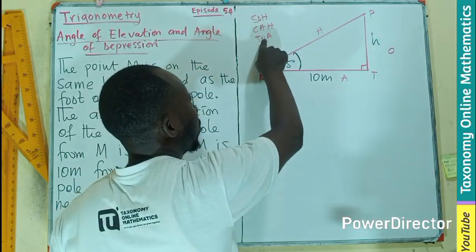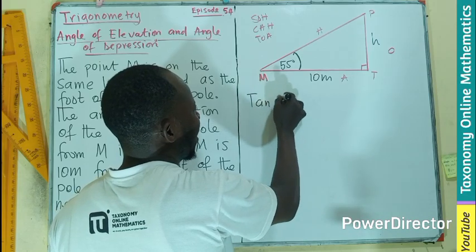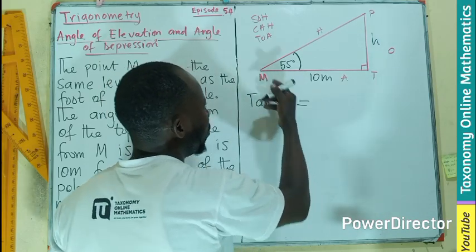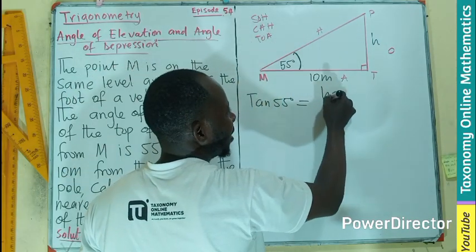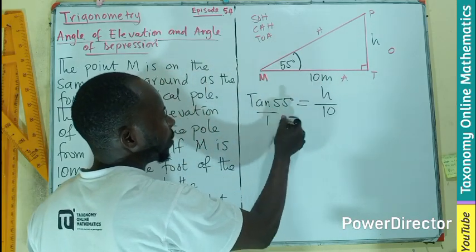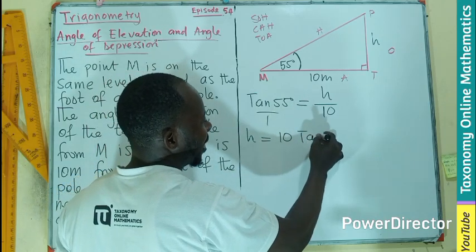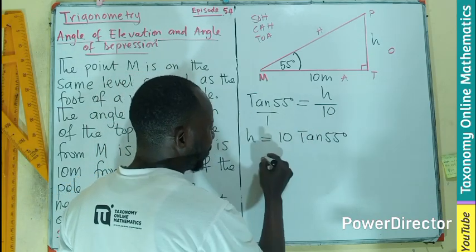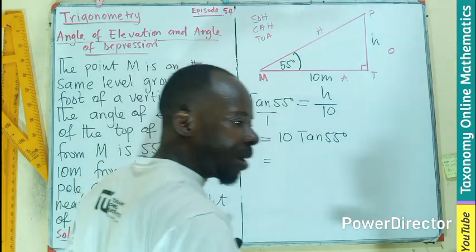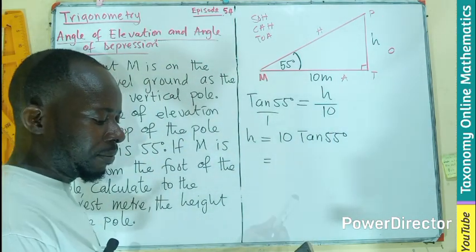So only TOA, meaning the tan of the angle 55 degrees should be equal to the opposite side, h, over the adjacent side, 10. If you cross multiply, h will become 10 times the tan of 55 degrees. And we can put that in our calculator to see what that will look like.